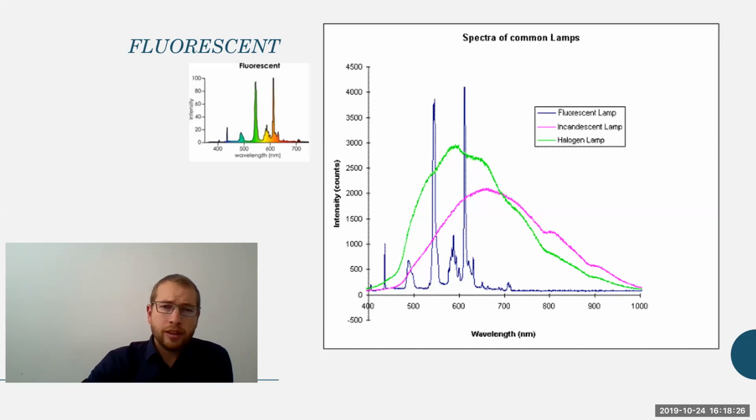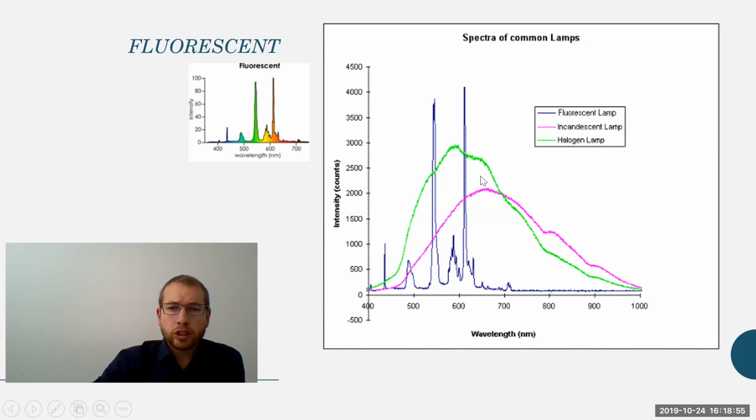As I mentioned, they emit light at kind of odd wavelengths. On the left here, you can see they peak at a couple of different wavelengths. It's much harsher than that kind of smooth curve we were seeing with, say, an incandescent lamp, or even a halogen, which is just an incandescent at a slightly different temperature.